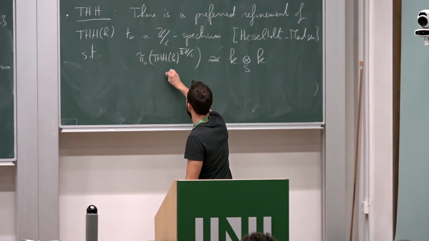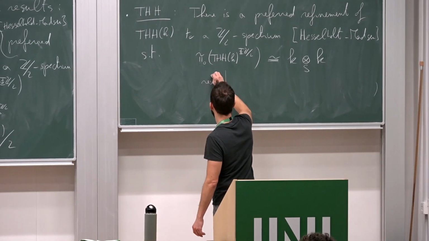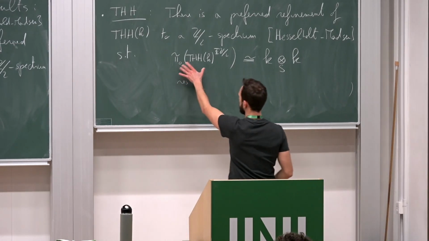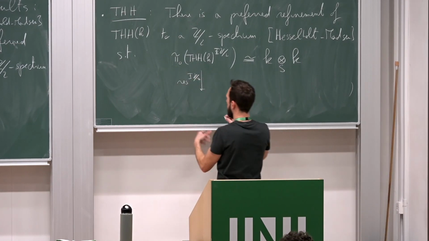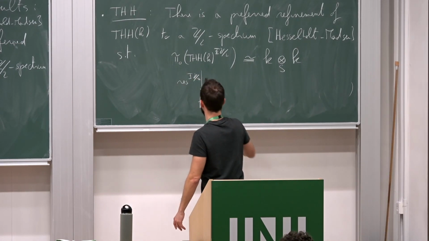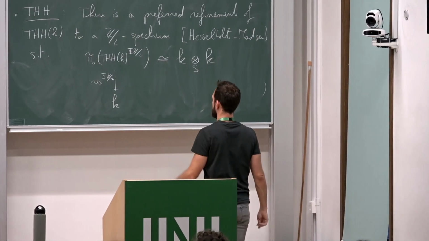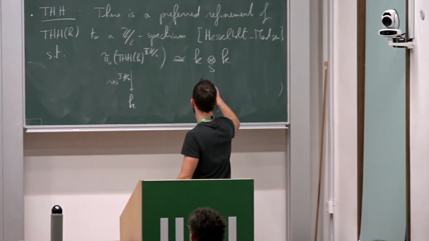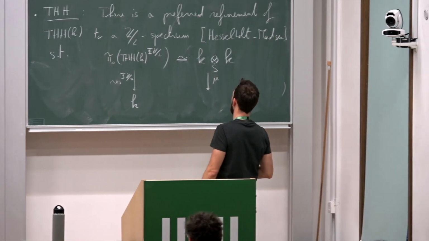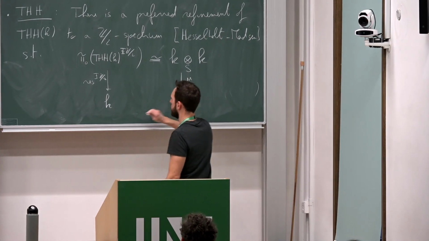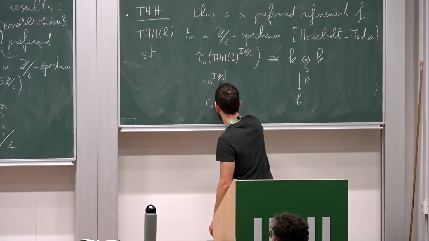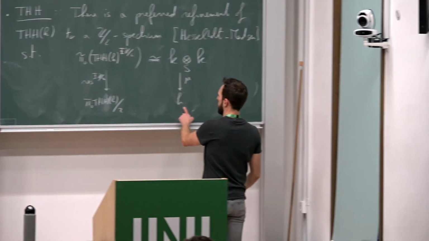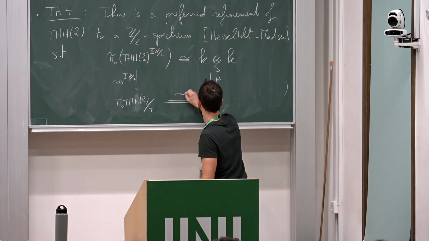And moreover, you can do the same trick. You look at the restriction map. This lands in pi 0 of THH of k mod 2. But if k is of characteristic 2, then mod 2 doesn't do anything. And this corresponds to the multiplication map of pi 0 of THH, and this is an isomorphism.